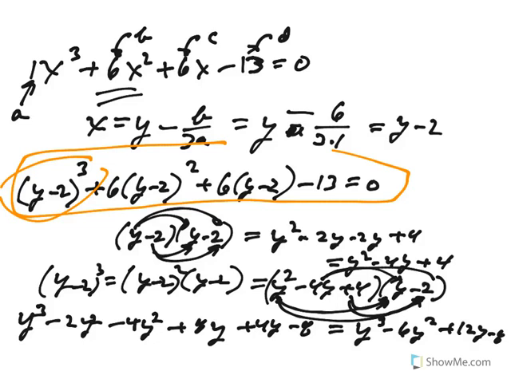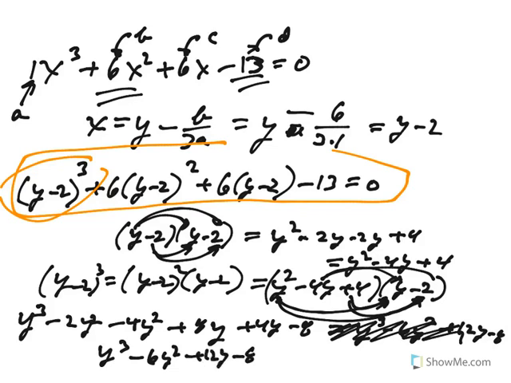Hold on a second. There was a 13 here. Where did it go? Oh, sorry. The cube thing turns into y cubed minus 6y squared plus 12y minus 8. That's just what this is.